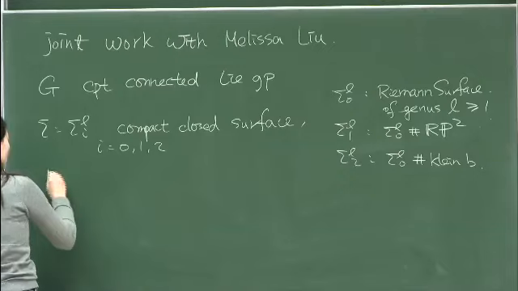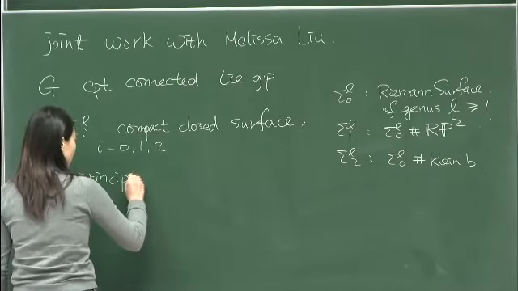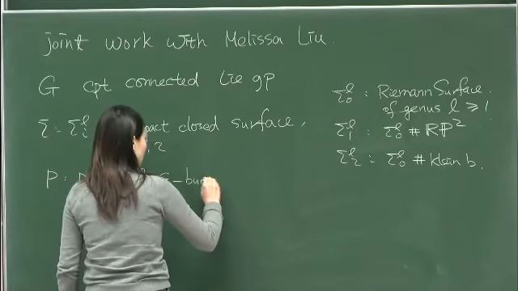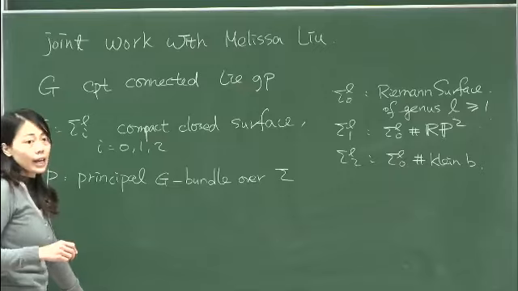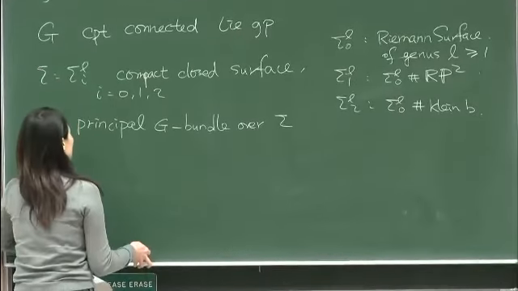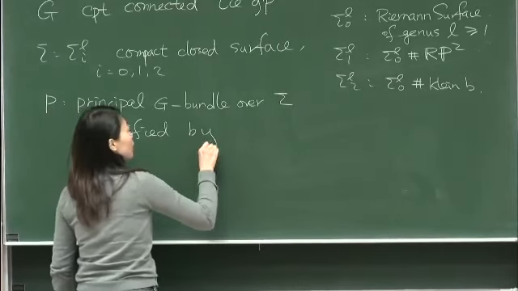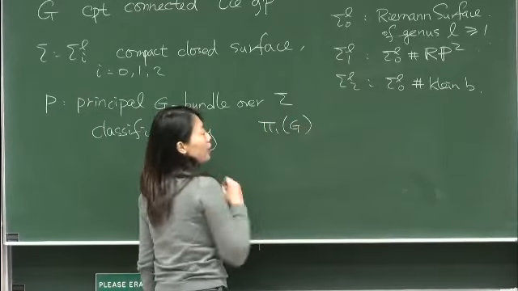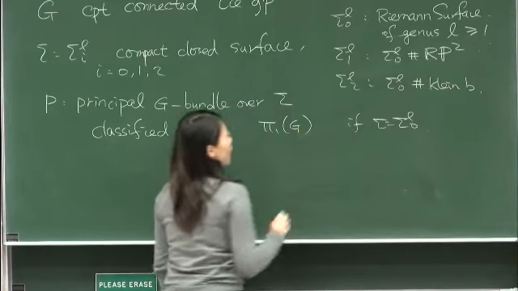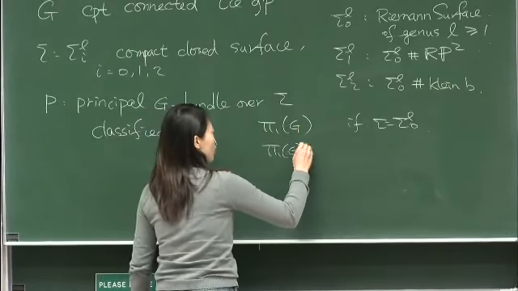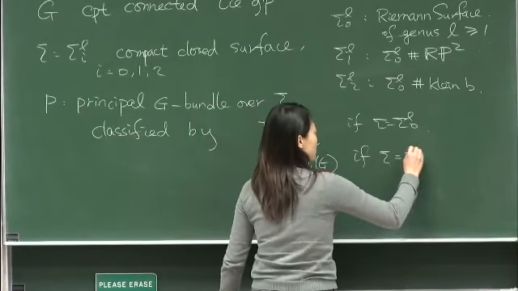And P is the principal G bundle over sigma, and so we know that it is classified by pi 1 of G if sigma is orientable, and it's pi 1 of G quotient 2 pi 1 of G if sigma is non-orientable.